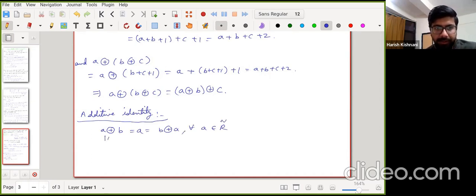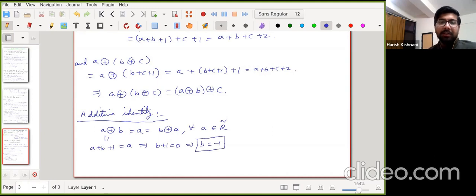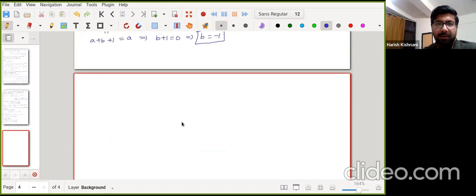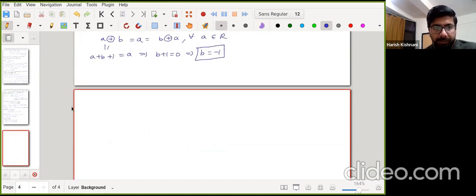But that is the same as A plus B plus 1, and you are equating it to A. That implies B plus 1 is 0, and thus B is minus 1. So just by altering the ring operation a bit, the additive inverse of your multiplicative identity has now become the additive identity for the new ring structure that we have defined. Okay, now let's see what the additive inverse is.